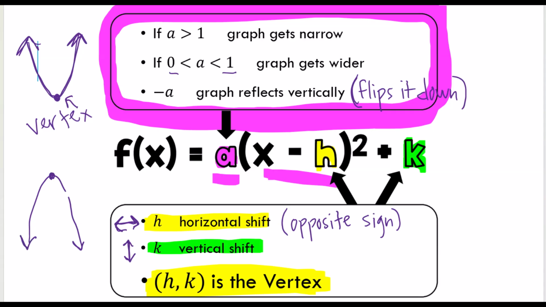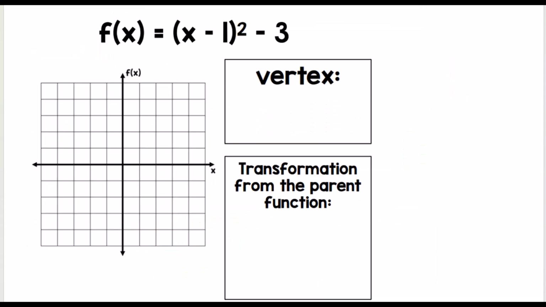If the parabola opens down, then the vertex would be that highest point right here. So it just depends on if it's opened up or opened down. But the vertex is that lowest point on the U, or highest point. Now that we have what the vertex form looks like, let's do an example.